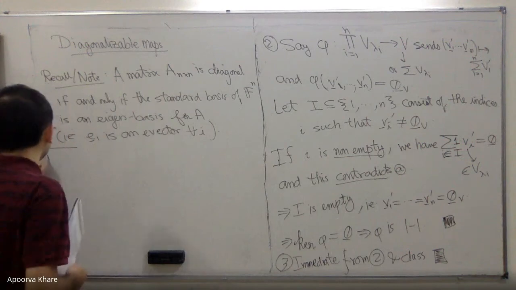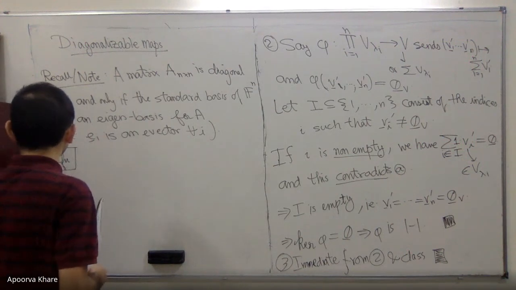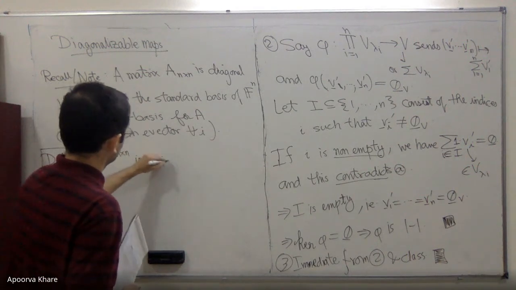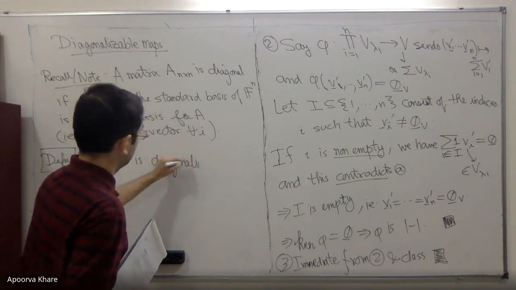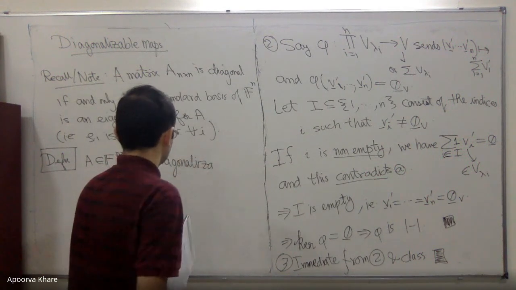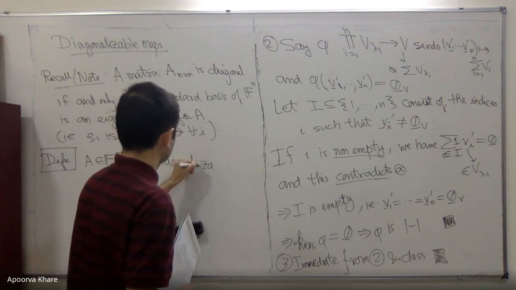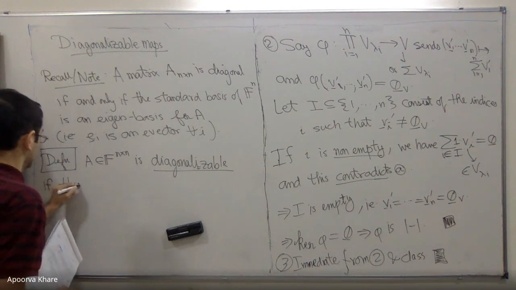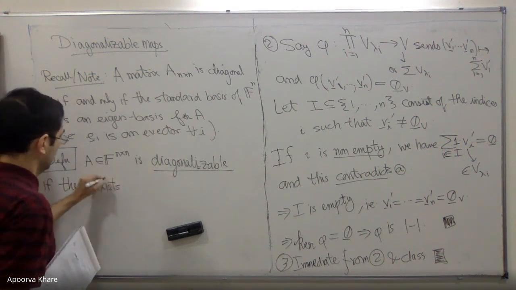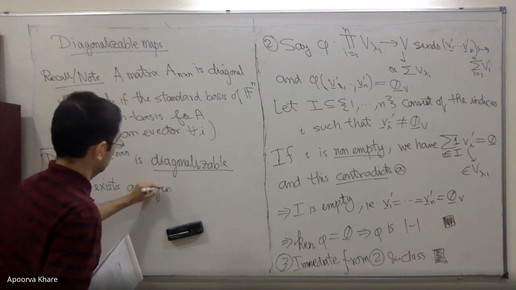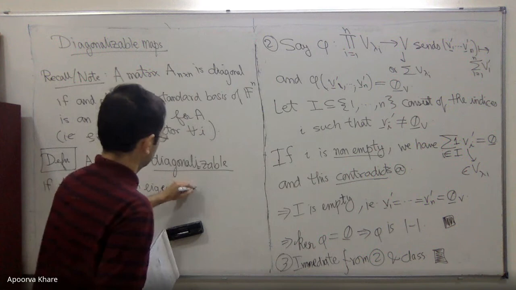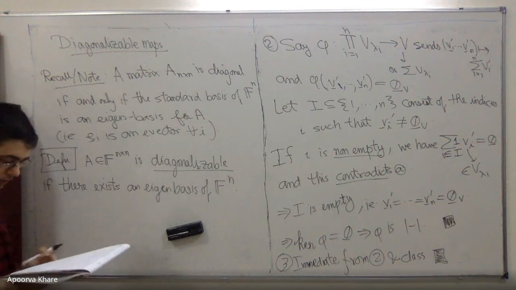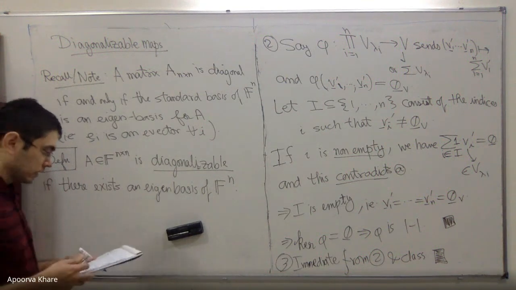So the definition: A belonging to F^(n cross n) is diagonalizable if there exists an eigenbasis for it, or if it has an eigenbasis. Okay, that's the definition.